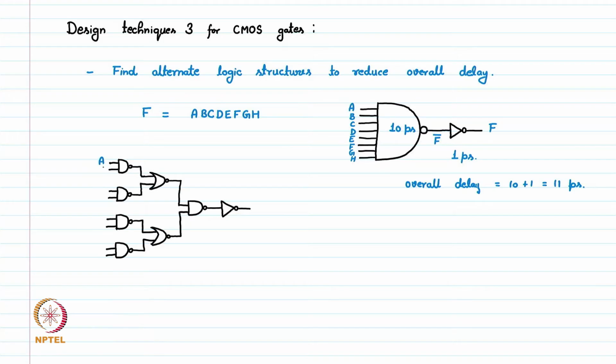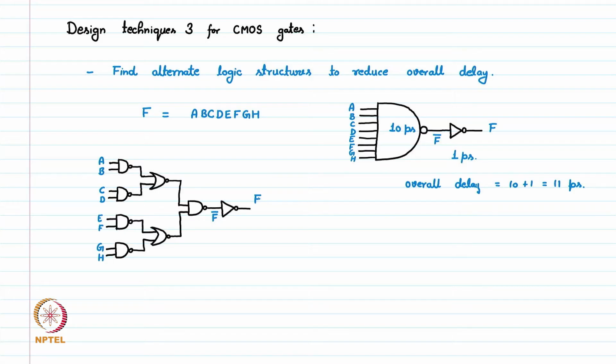So here we have these signals. This is our F bar and this is our final F.